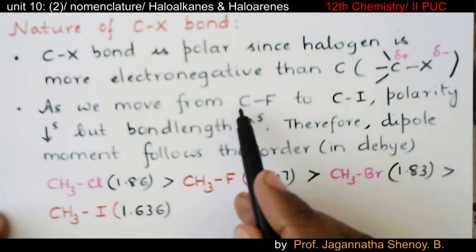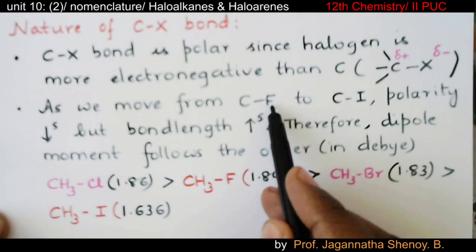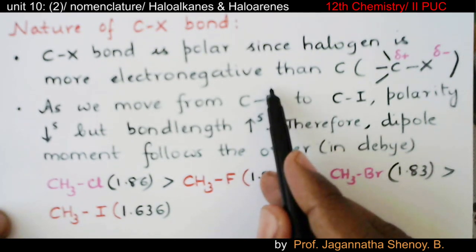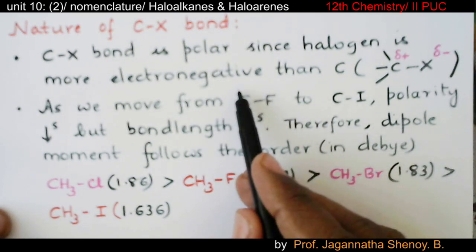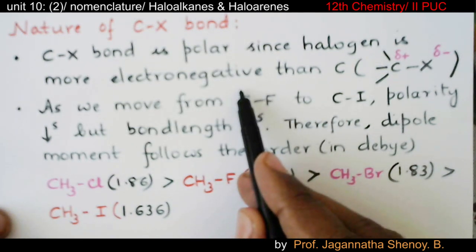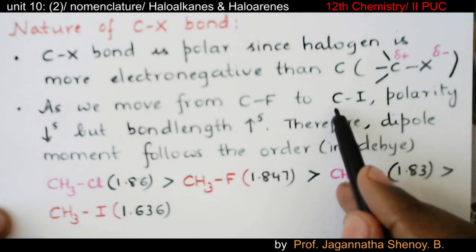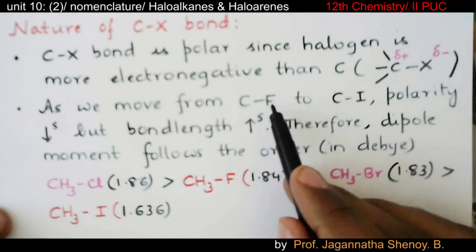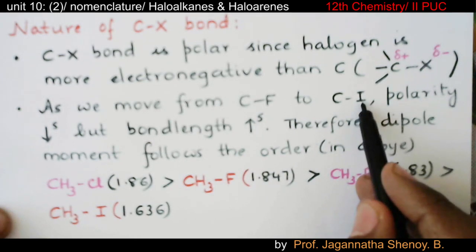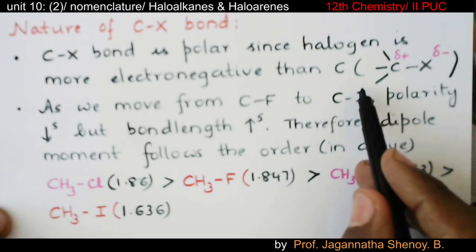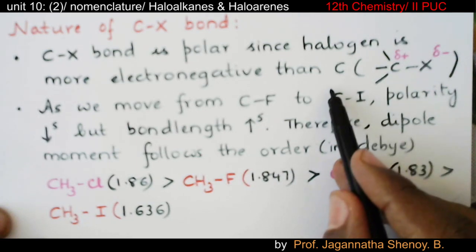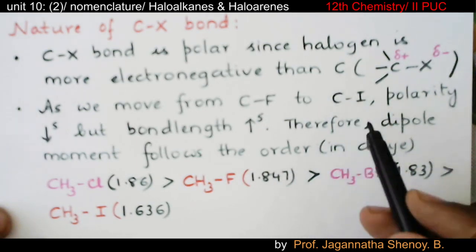That's why in the C-F bond, you have slightly more partial negative charge on fluorine and slightly more partial positive charge on carbon. But when I come to C-I, because iodine is less electronegative than fluorine, on iodine you will have a comparatively lesser delta minus value and on carbon a comparatively lesser delta plus value.